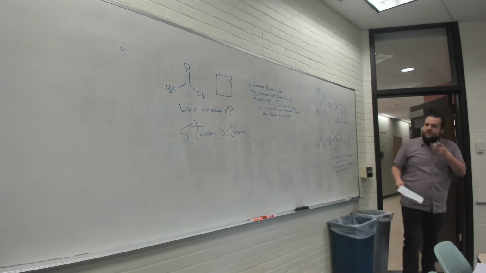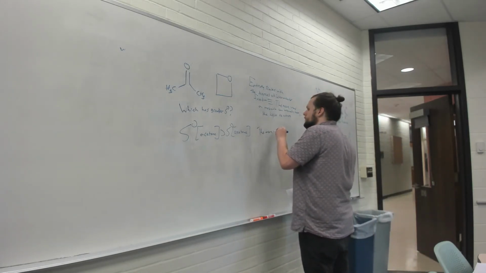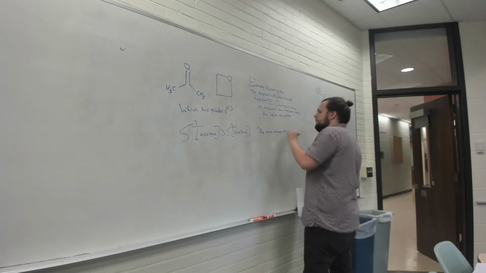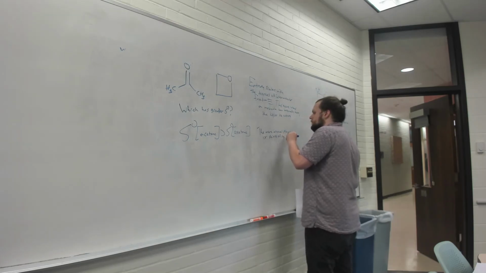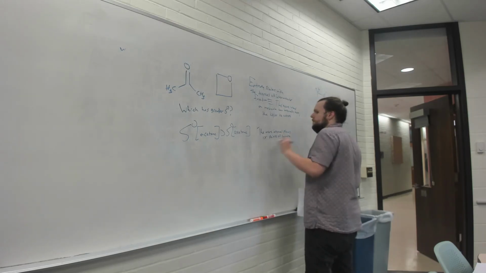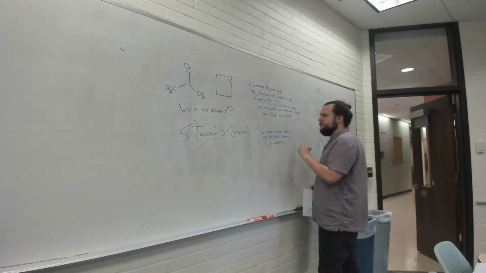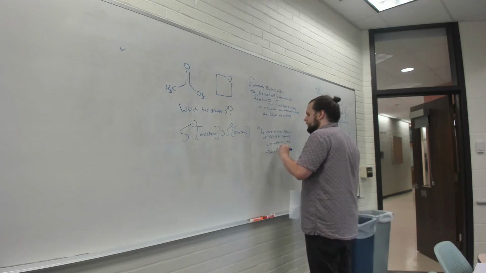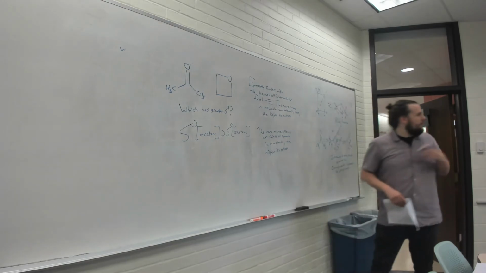And the more planes of symmetry you have, so more points of symmetry, more planes of symmetry in a molecule, the higher its entropy. Right? Because there are more arrangements for that molecule to exist in.